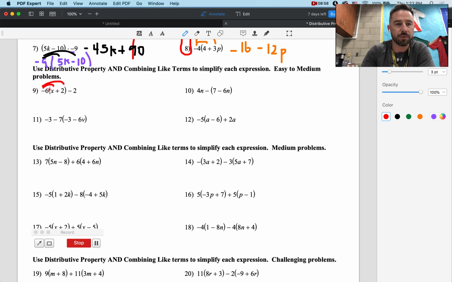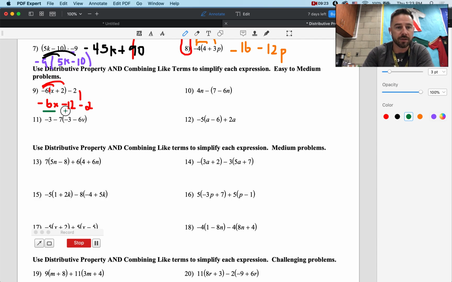So negative 6 times 1x, I'm going to put a 1 right there, is negative 6x. Negative 6 times positive 2 is negative 12. And then this guy just drops down, okay? We just drop the minus 2 down. Now what this looks like to me is the assignment we just did before, combining like terms.